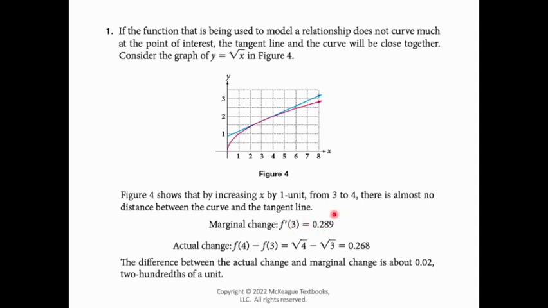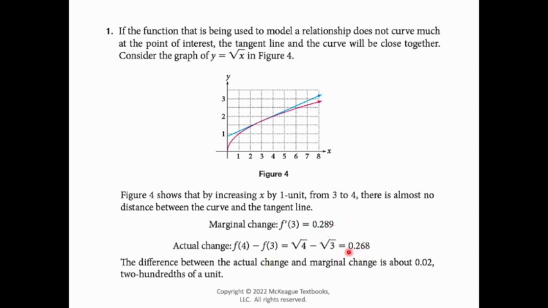So here's the change. If I'm at 3 and I approximate the change using the tangent line and I go over 1 unit to x equals 4, my increase of the function should be approximately 0.289. Now, if we want to find the exact change, we would just plug those two values into the actual function of the square root of x and subtract them to see how it changes.